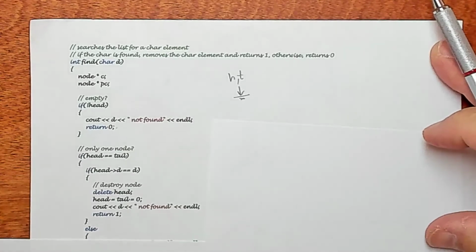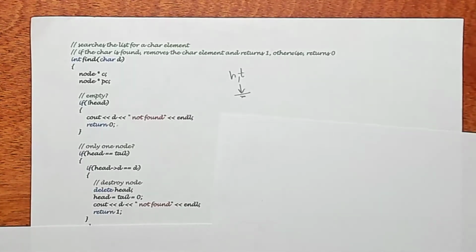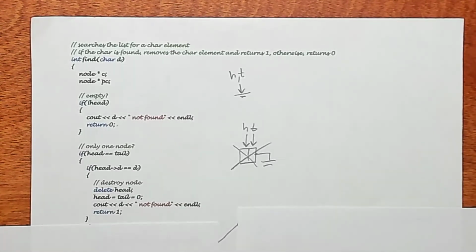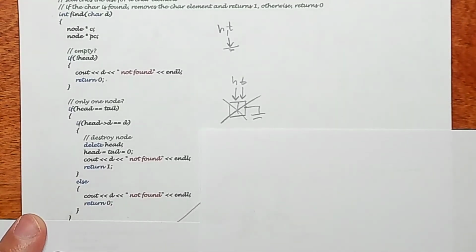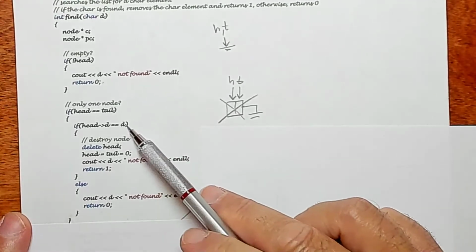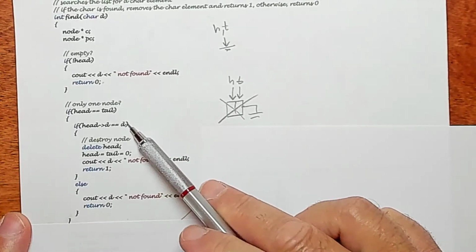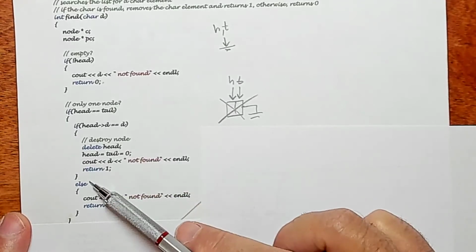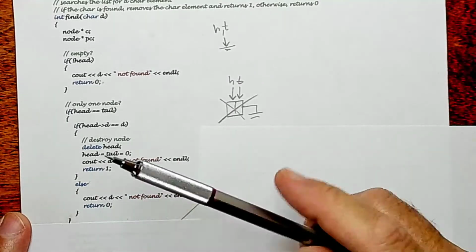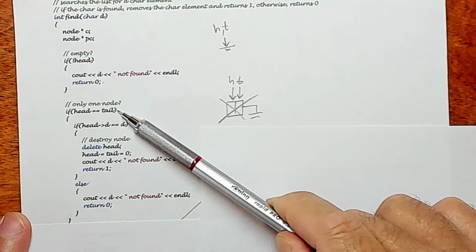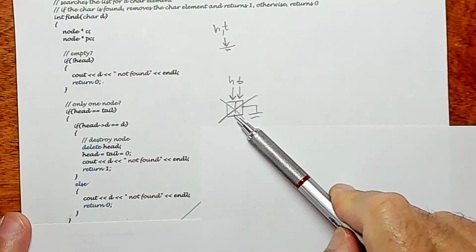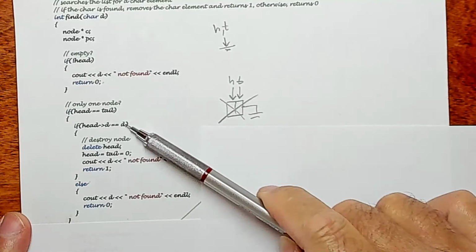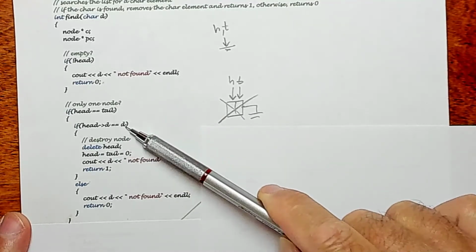Okay, if the list contains only one node, then that node either contains the data you're looking for or it doesn't. So you know that it's only one node because the head and the tail pointer both point to the same node. So you check, is the data in that node the data I seek?